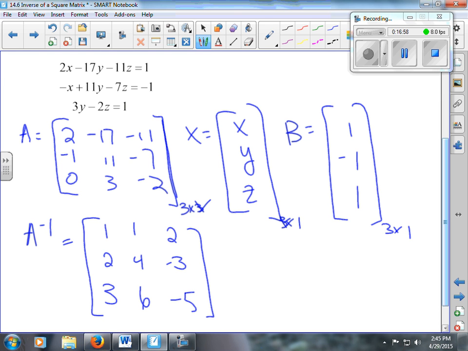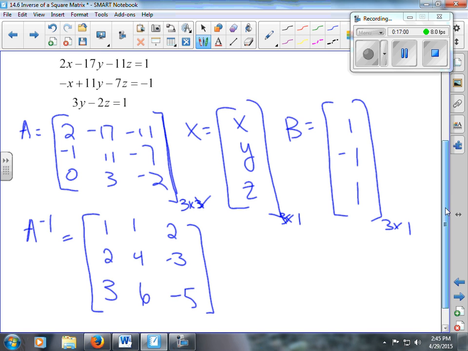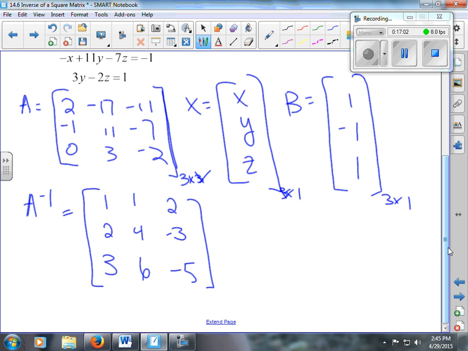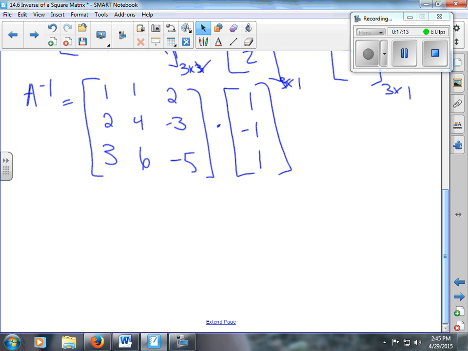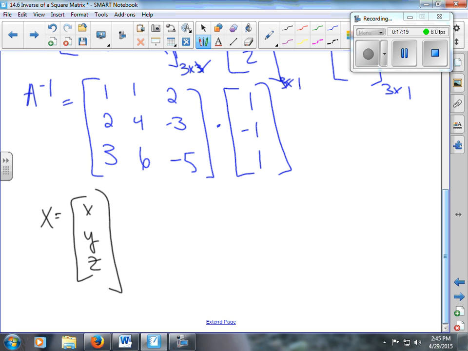If you multiply A inverse times B, you will get the answer. So I'm going to take A inverse and multiply that to B, the equal side of the matrix.